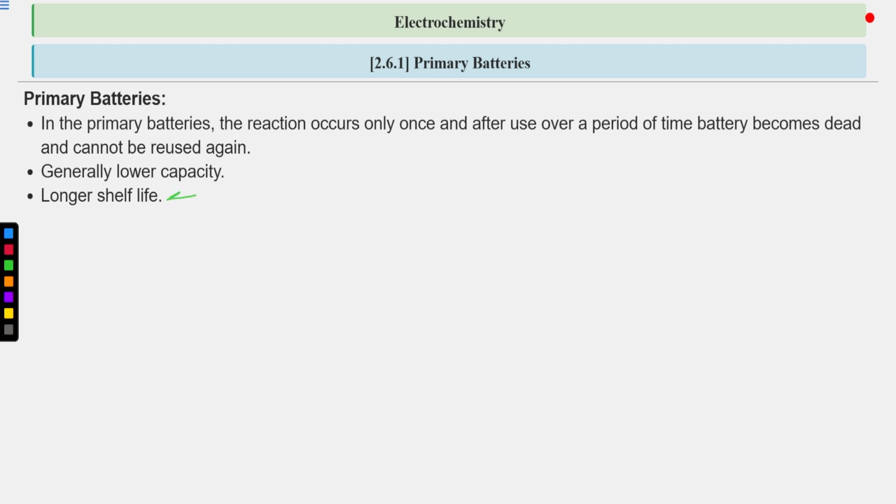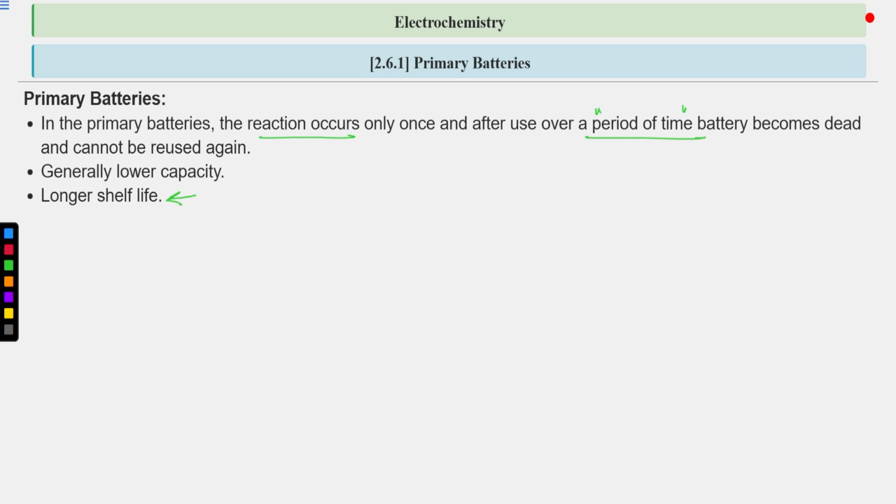They have a longer shelf life. Why are we saying that? Because the period of time we are talking about should be decided at the time of battery construction, right? So we consider a suitable period of time for the use of the primary battery, or a suitable time for the reaction to occur once.